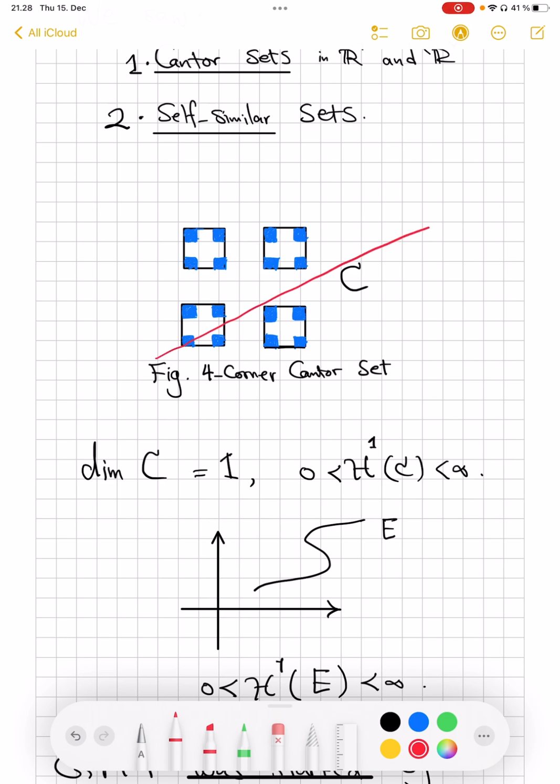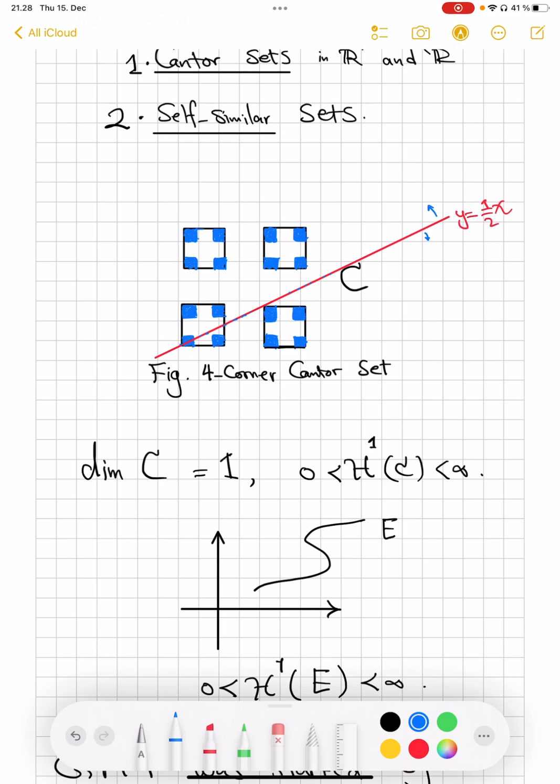So the exceptional line was y equals 1/2 x. If you project onto this, the blue part, you will see some set of positive measure. But if you change the angle in any way, then the projections are not of positive measure.